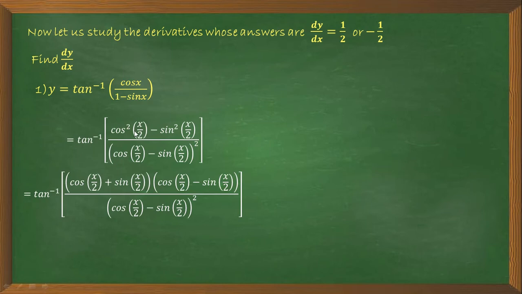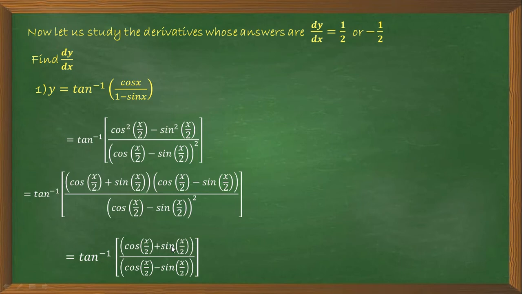This is cos square x by 2 minus sin square x by 2, and this is (cos x by 2 minus sin x by 2) bracket square. Both are different, remember. So in this case we get this expansion. Now after this simplification we get this step. So this is very important.